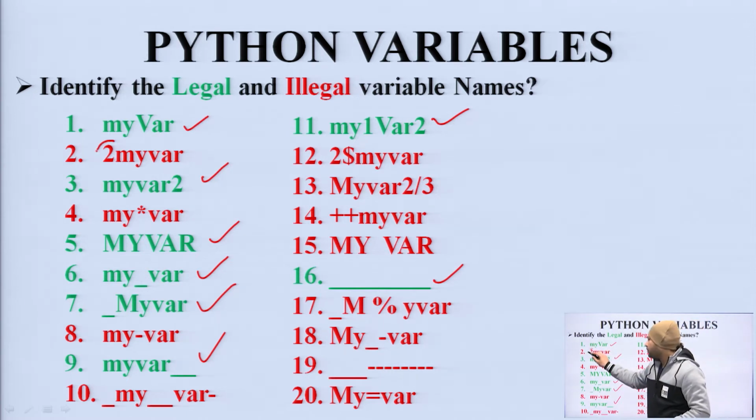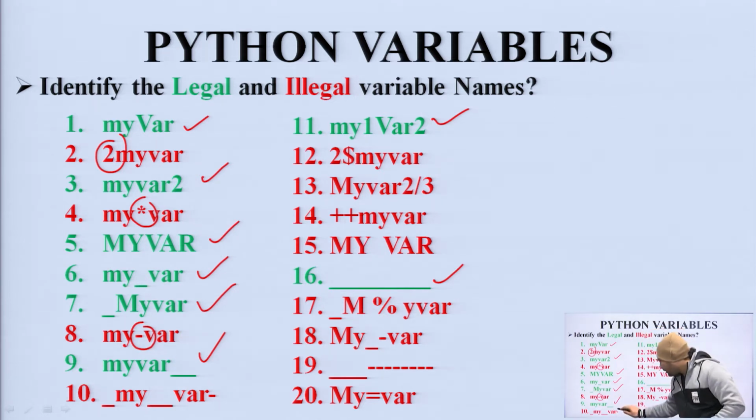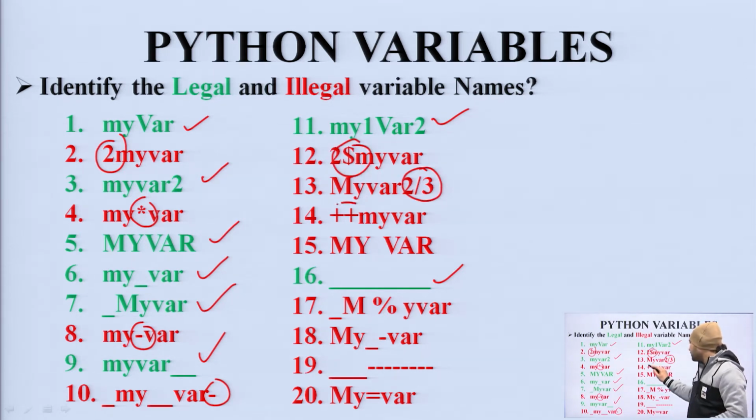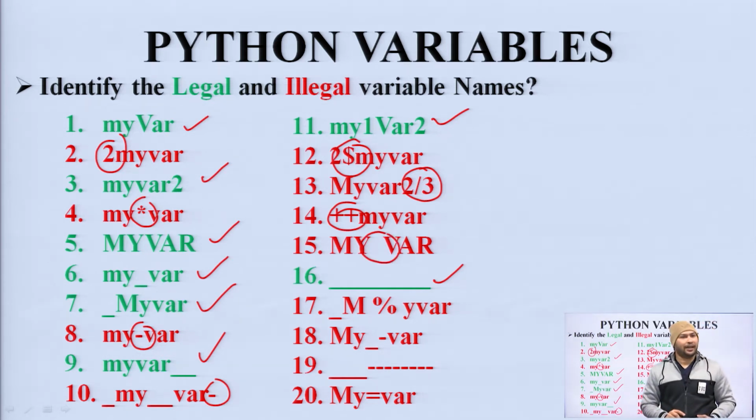Here you can see the number is the starting point. Here you can see the special character. Again the special character is there. Now, here this special character is introduced in the variable name. Here again the special character. Now, this space is also considered a special character.